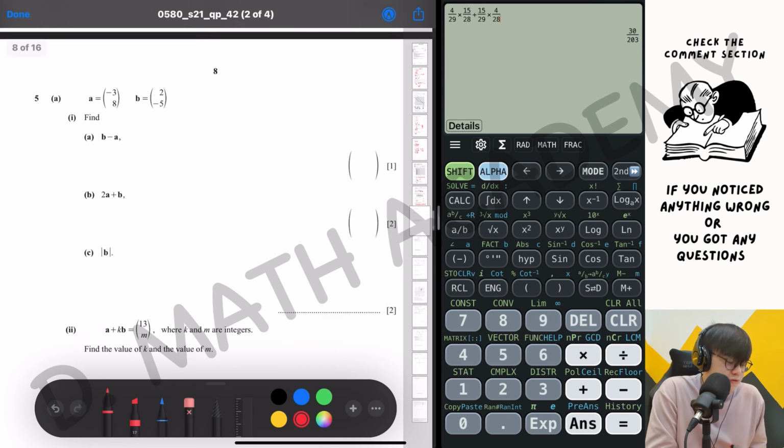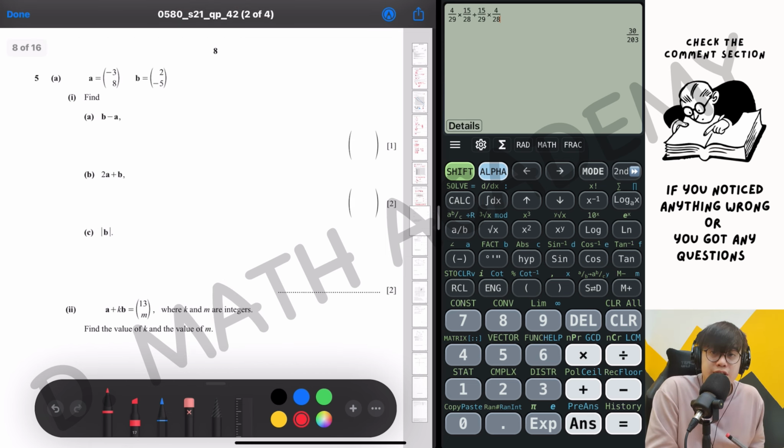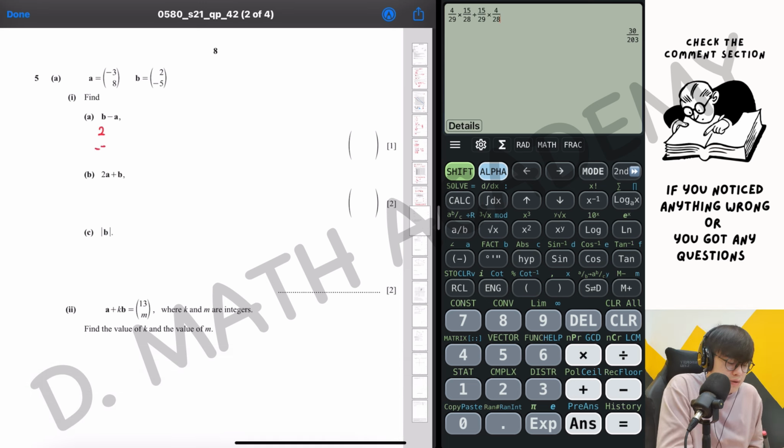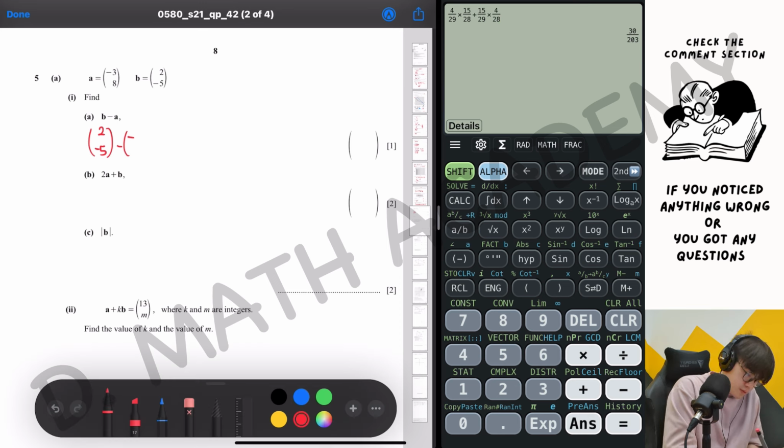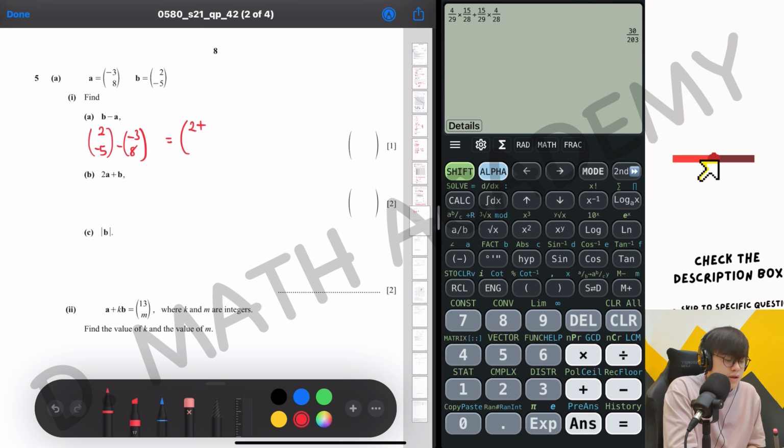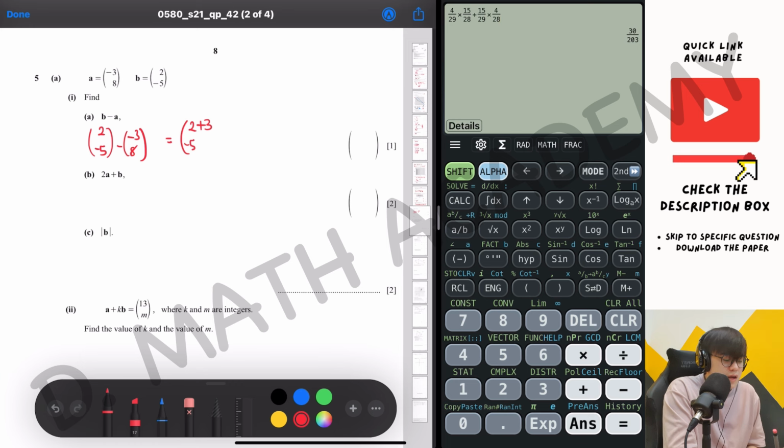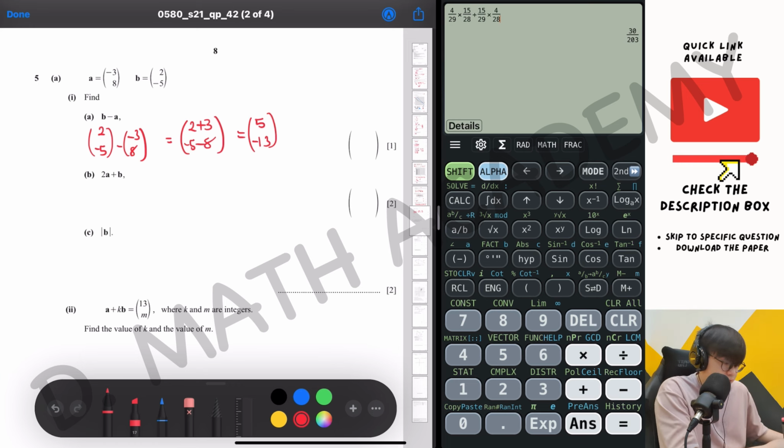Moving on, question 5, a simple vector question here. So b minus a means you write this down, minus -3 and 8. So the final result that you're getting should be 2 plus 3, -5, -8, which will result in 5 and -13.